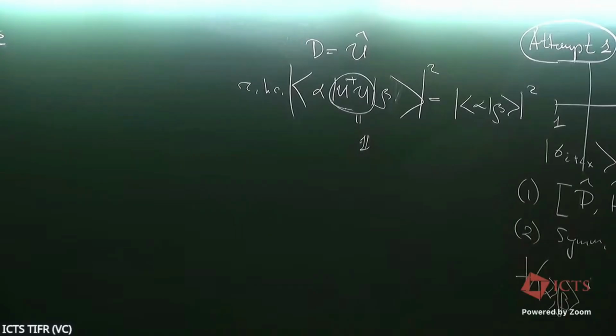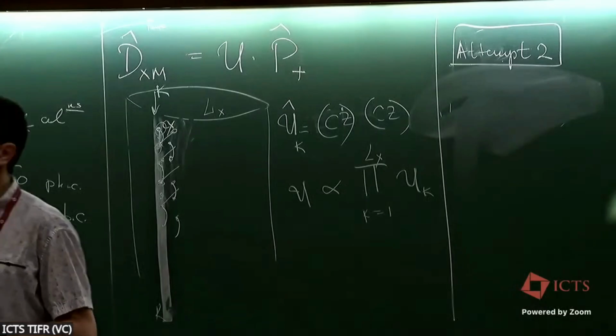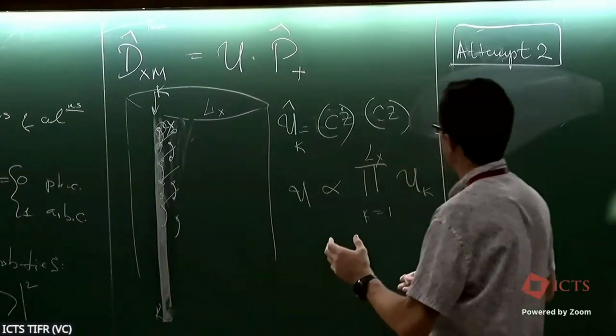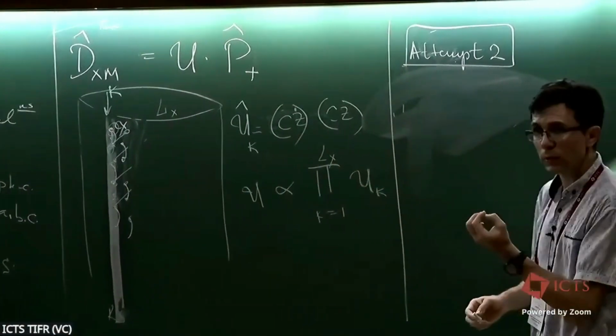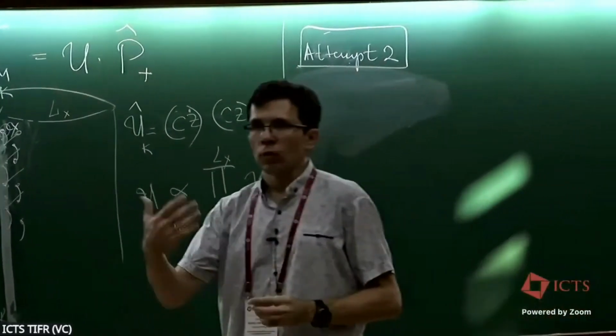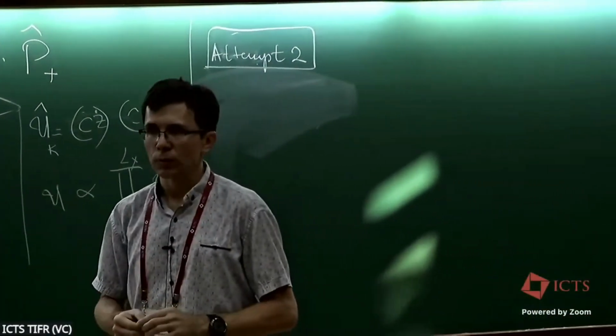So attempt number 2 is that you declare that this operator P, the projector, has to act not on physical degrees of freedom, but you must enlarge the Hilbert space and act appropriately on an ancilla. In the language of quantum information, this would be an ancilla. Concretely, this is often done by the so-called half gauging or partial gauging procedure.